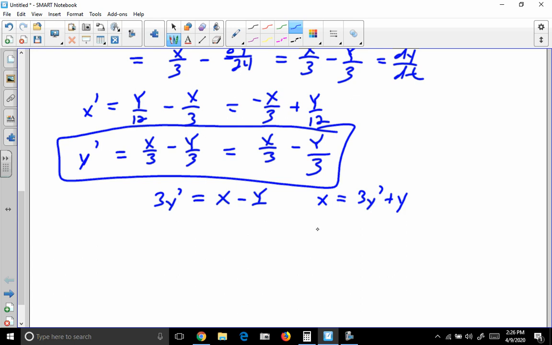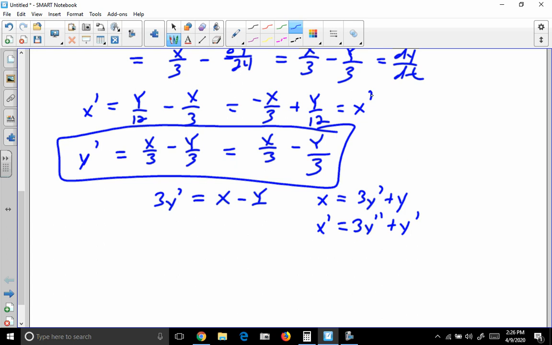If we wanted x prime, we would have to take the derivative of this. Well, the derivative of the first derivative is the second derivative. The derivative of y is y prime. Why did I do that? Because this top equation has x and x prime in it.